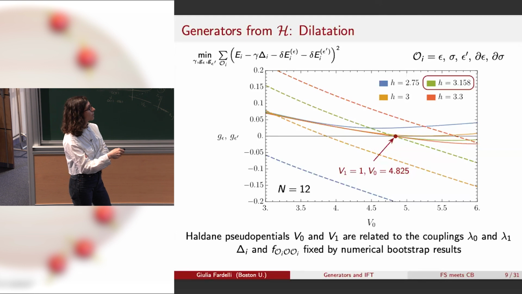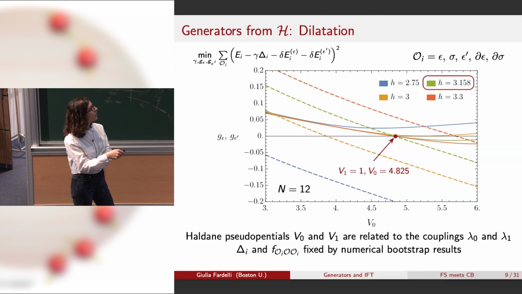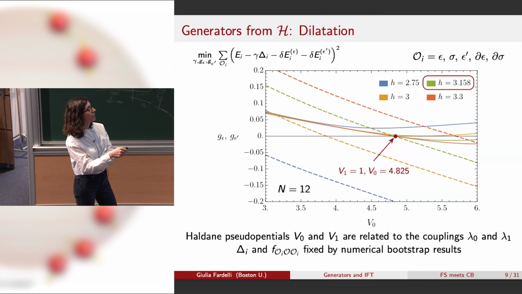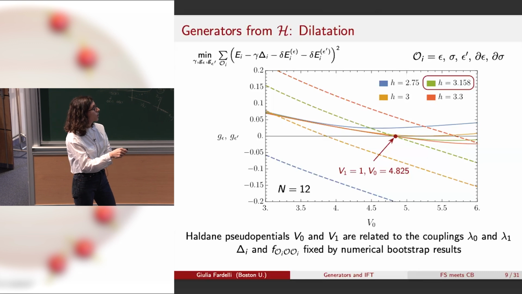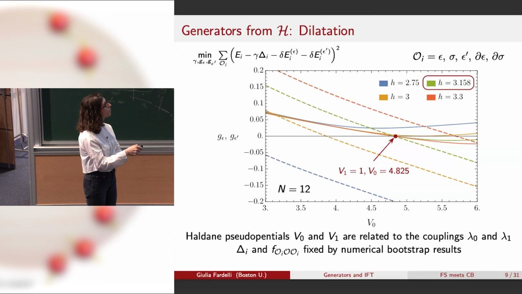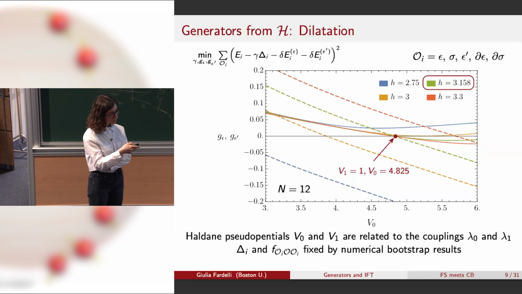So we fix the number of electrons to be 12, and here I'm plotting G epsilon, which is the dashed line, and G epsilon prime, which is the solid line, as a function of V0 and for different values of the H parameter. Now the operators over which I'm minimizing are this subset, but we checked that it does not matter much how many of these operators and which operators you are including, even if it's important that you include at least these 3.